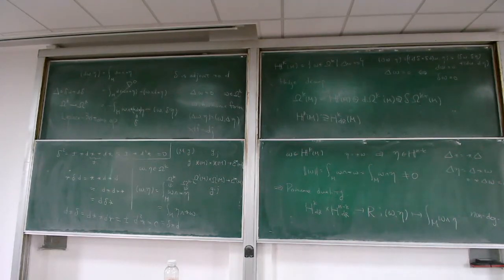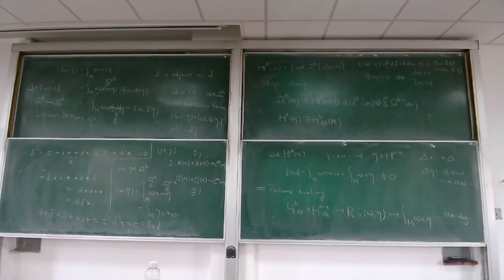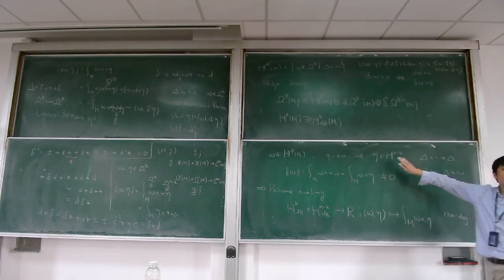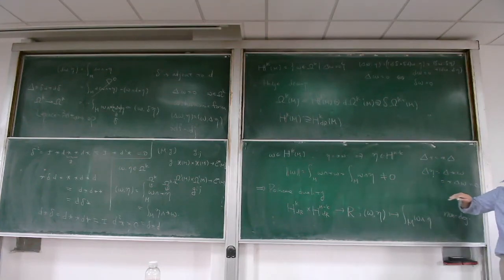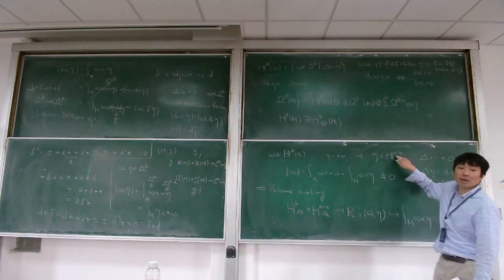Seems like I need to filter a little bit. So since omega is a harmonic form, this is 0. But once I operate the star and delta, the harmonic operator, the Laplace-Beltrami operator, commute. So therefore, eta is also a harmonic form. Okay, you understand? So delta eta is equal to 0. Therefore it's a harmonic form. But now eta is just star of omega, so it's therefore an (n minus k)-form. Okay.